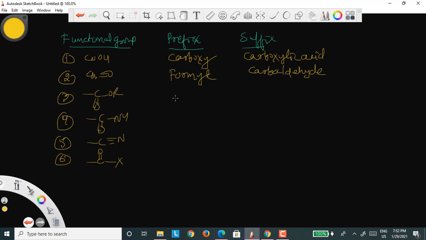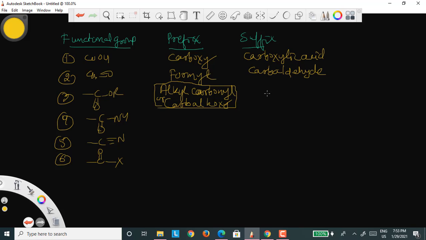And if ester is there, then the prefix is carbalkoxy. This name, alkyl carbonyl, or carbalkoxy. This is either or.